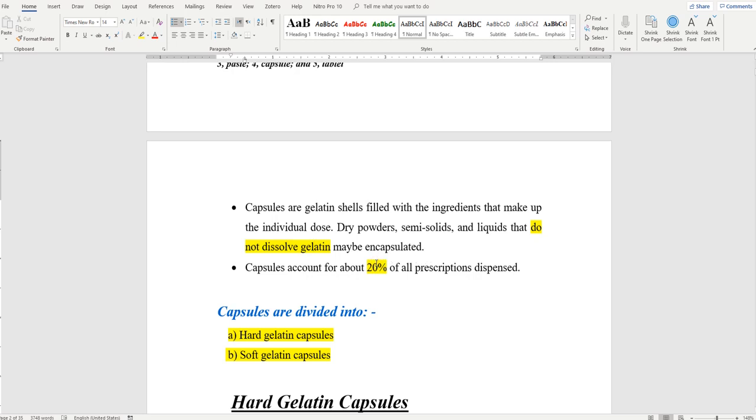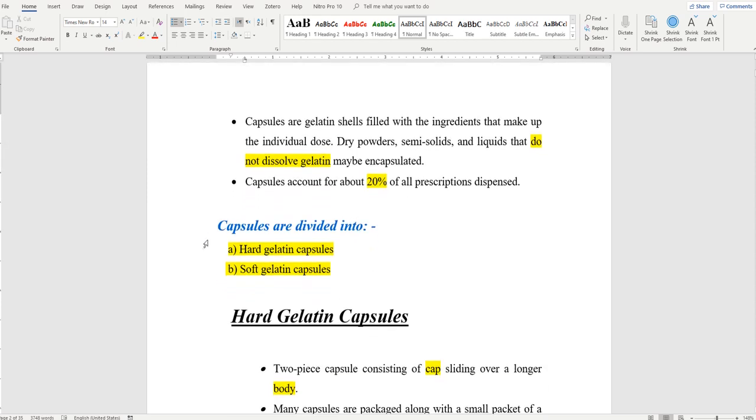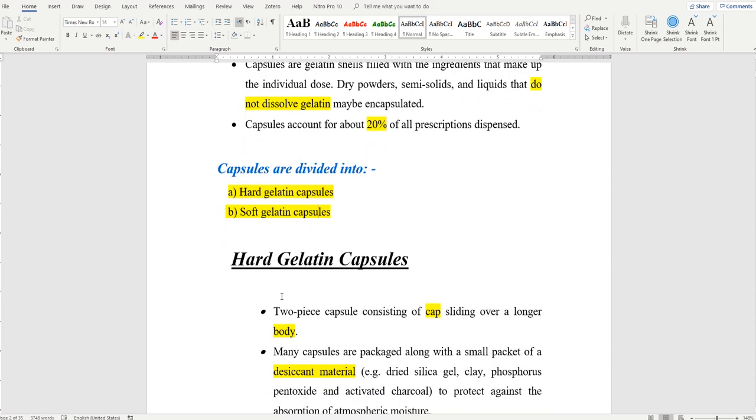So is it important to study about capsules? Yes, it is. How did we classify capsules? We classified them into hard gelatin capsules and soft gelatin capsules. Now we will talk mainly about hard gelatin capsules, and later on we will start talking about soft gelatin capsules.